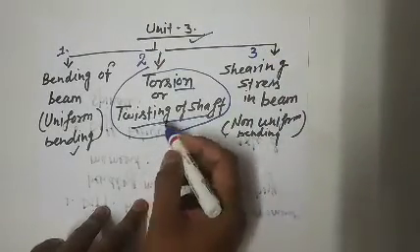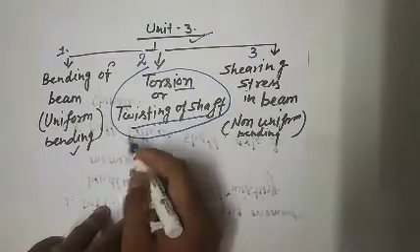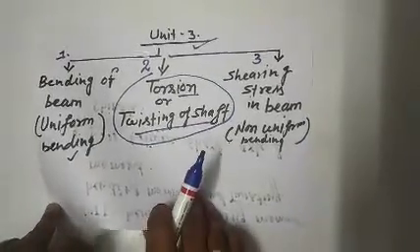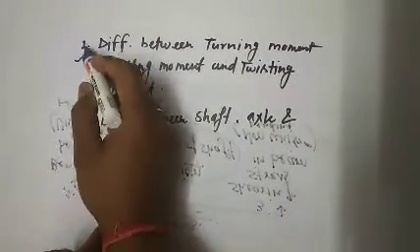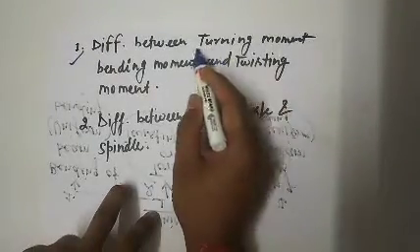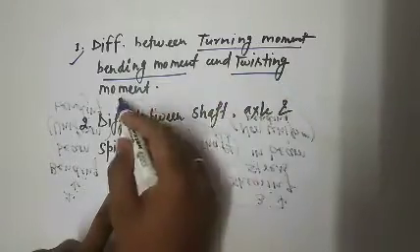Before moving to the detailed analysis of this chapter, certain basics are required for this unit. First, we should know the difference between turning moment, bending moment and twisting moment.